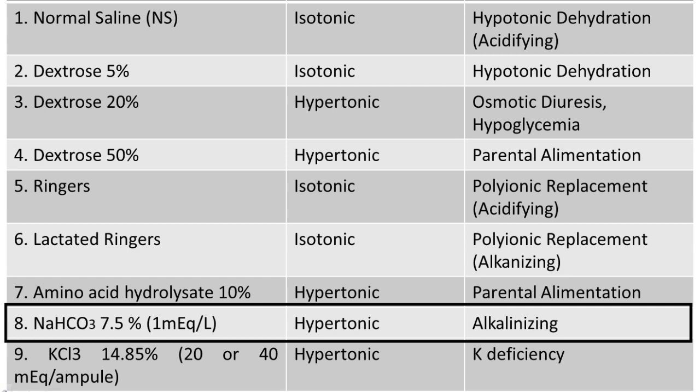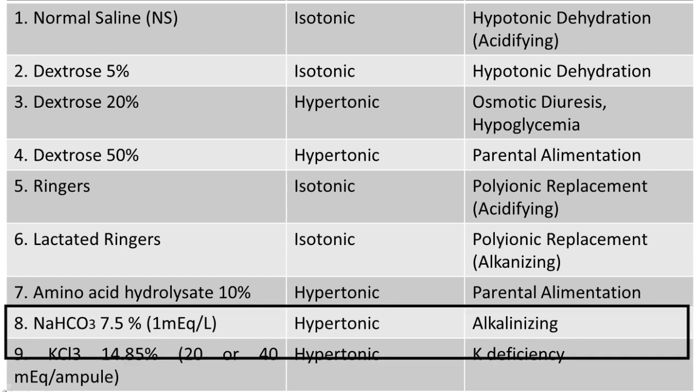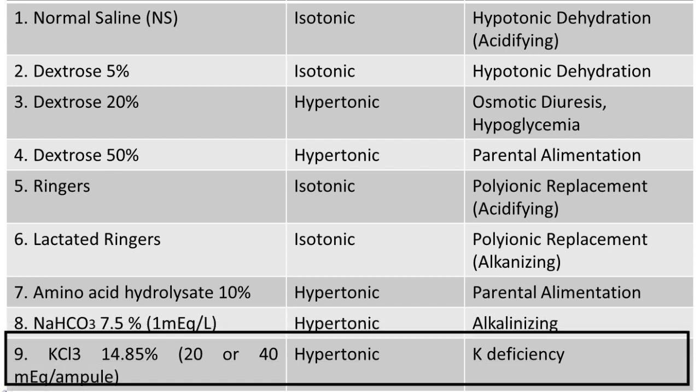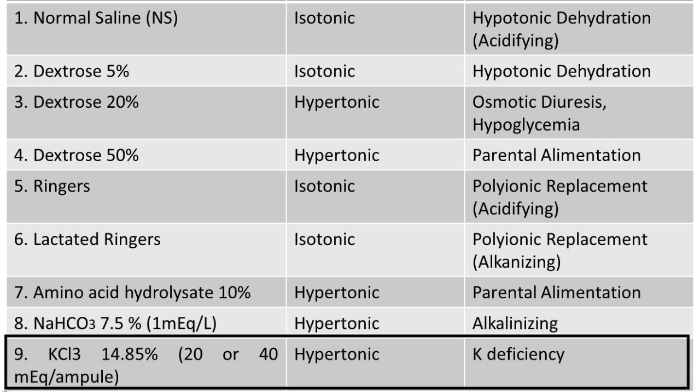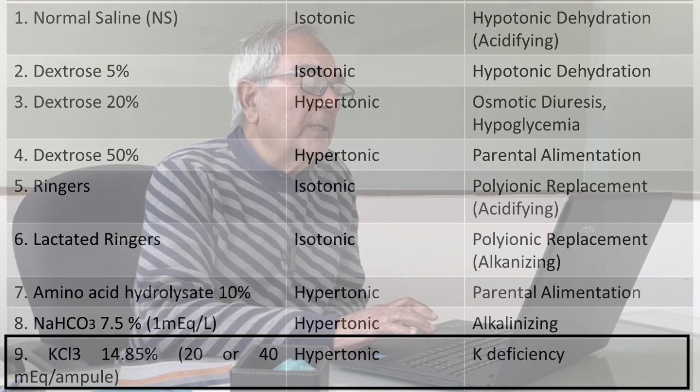This is alkalinizing, so in cases of acidosis, we can use this as an additive also. Then we have the potassium chloride solution, 14.85%, available in the market. It is about 20 to 40 milliequivalents per ampule. It is a hypertonic solution, and in severe cases of potassium deficiency, we can use this solution.